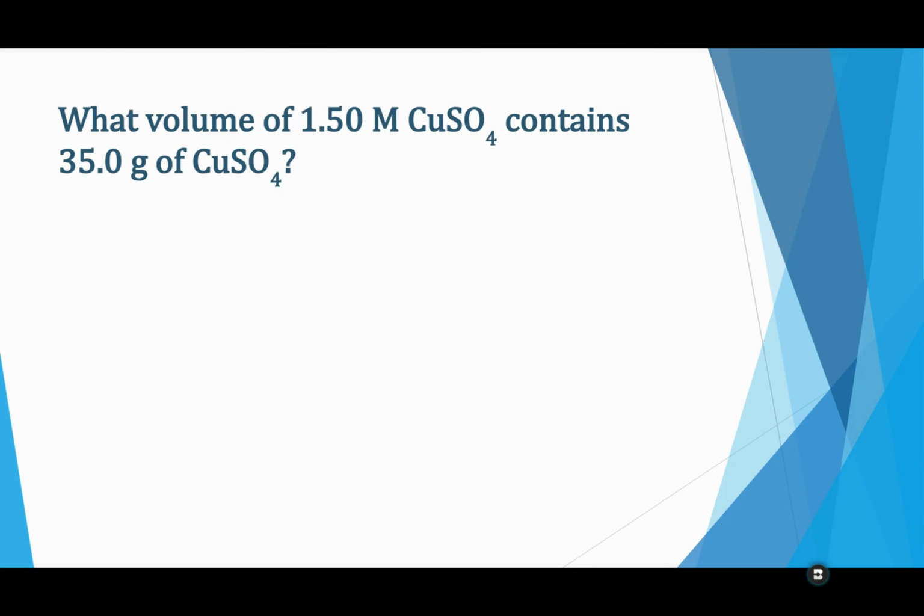What is the volume of 1.50 molar copper II sulfate that contains 35.0 grams of copper II sulfate? So we have M here, so that means we have a molarity. We have a volume, but we have grams.